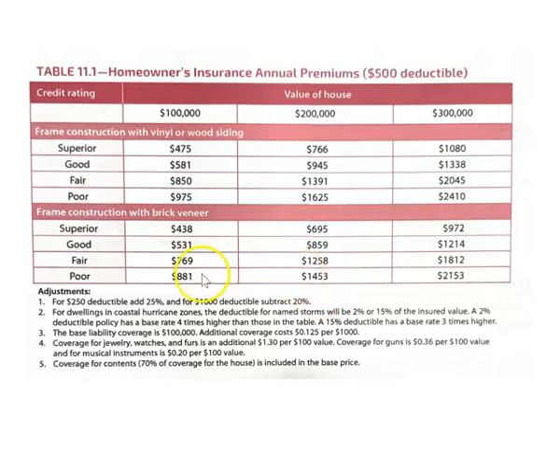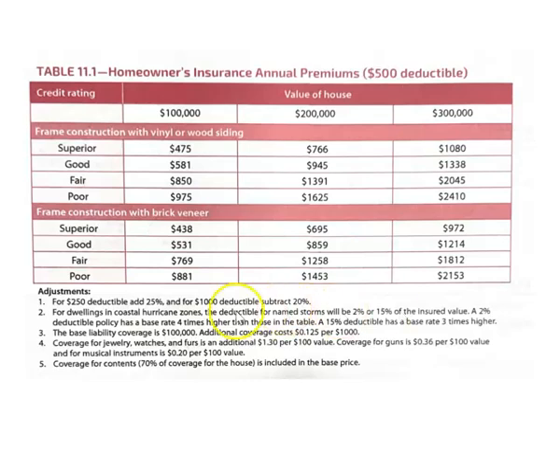And then number 2 talks about hurricanes. For dwellings in coastal hurricane zones, like where we live, the deductible for named storms, storms that have names like Hurricane Alice or Hurricane Baxter or whatever, will be 2% or 15% of the insured value, depending on which deductible you choose to have.